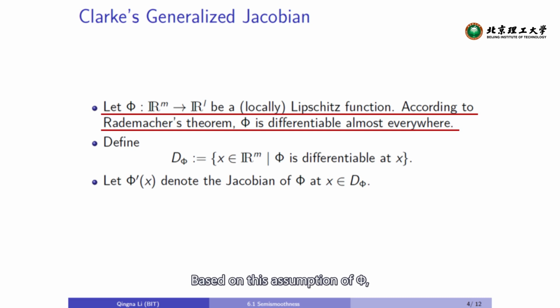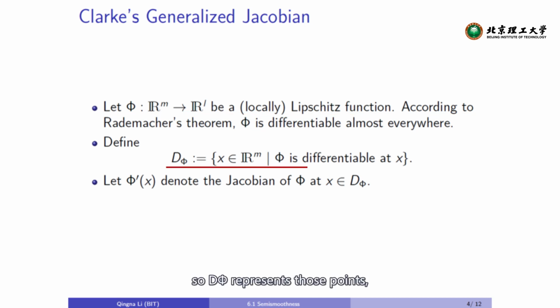Based on this assumption of phi, let's define the set where phi is differentiable as D_phi. So D_phi represents those points at which phi is differentiable. We collect all the differentiable points and put them in D_phi.